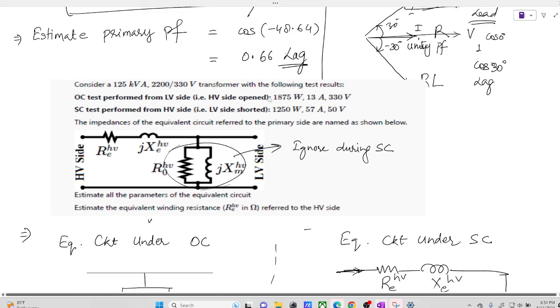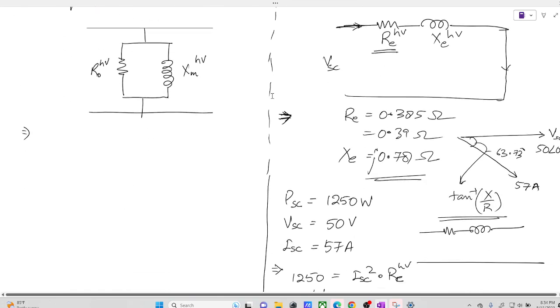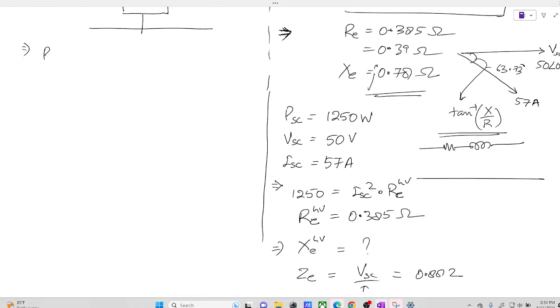The open circuit current IOC is 13 ampere, POC is 1875 watt, and VOC is 330 volt.